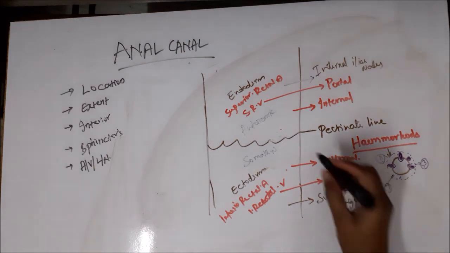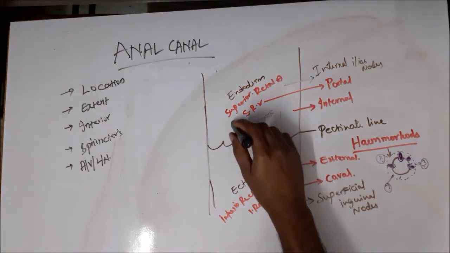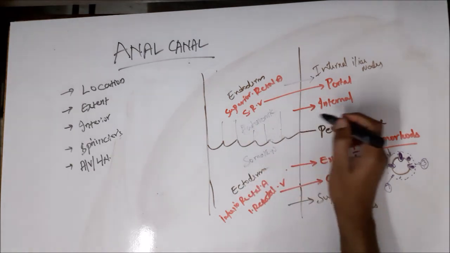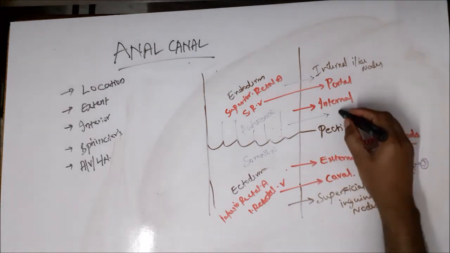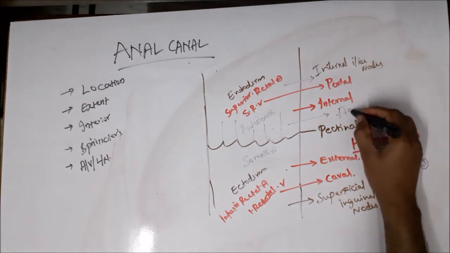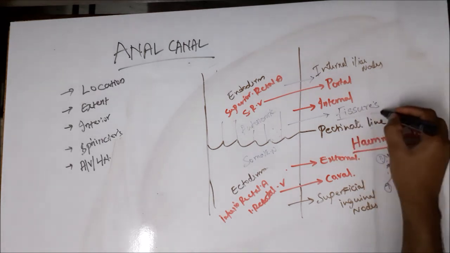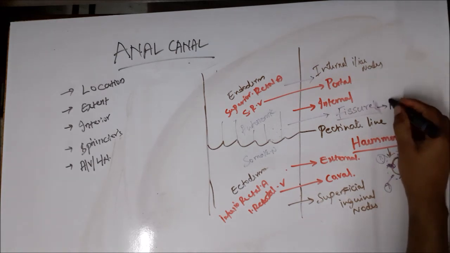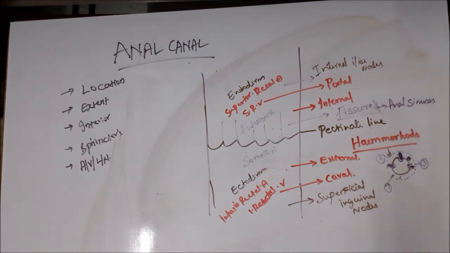Then the other applied aspect is, as you have seen before, above the pectinate line there are some columns. In between the columns there are sinuses. In these sinuses there might be impaction of feces, and if it is infected there may be fissures in them. So fissures are caused in the anal sinuses.